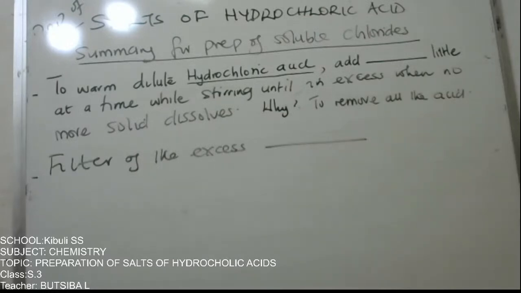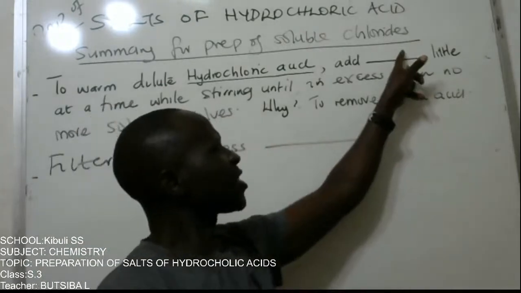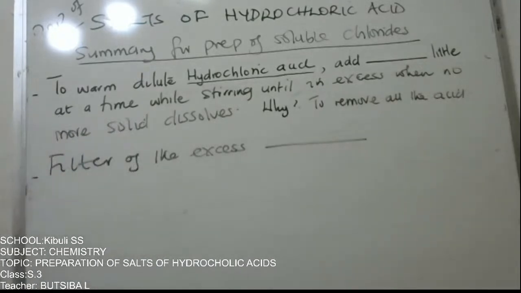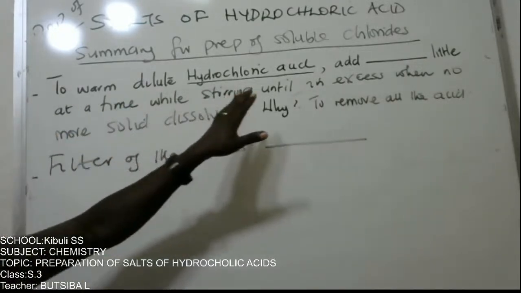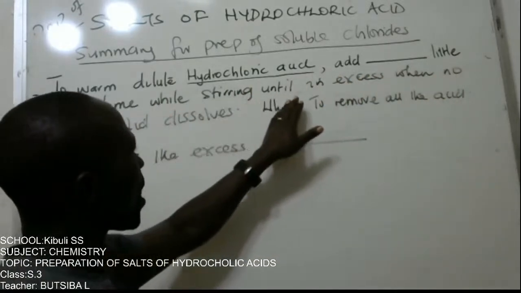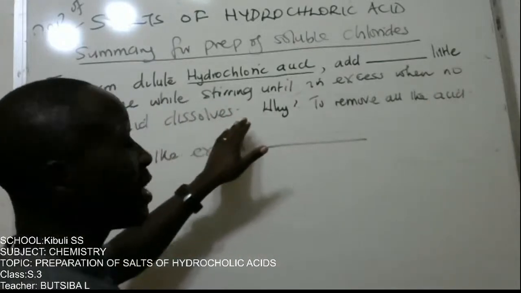I want you to check what is the difference or the similarity between this dash and this dash. When you read that statement, you will see. The statement says: warm dilute hydrochloric acid, add dash little at a time while stirring until in excess, when no more solid dissolves.